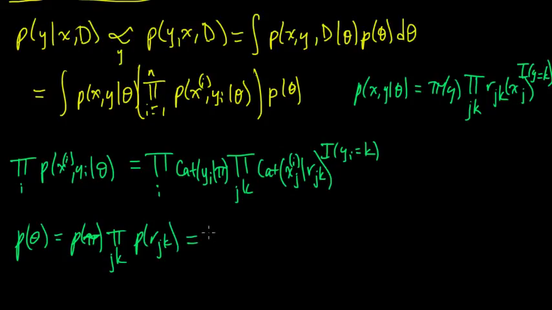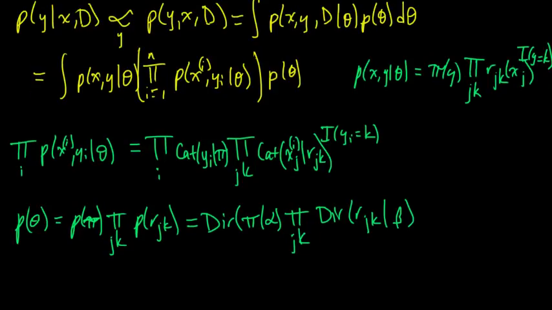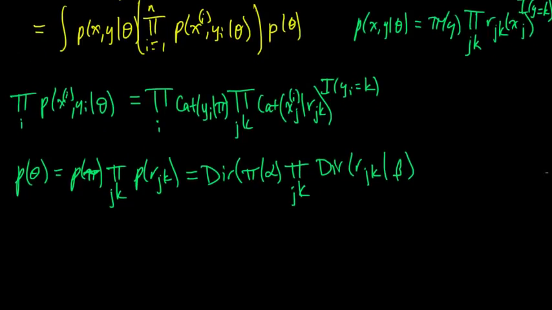And each of these is a Dirichlet, so let's write that: Dirichlet on pi with parameter alpha times a product over j and k of Dirichlets on r_jk with parameter beta. All right, now we're going to look at the product. We're going to multiply this one, that's this part, times the prior. Let's multiply those and see what happens.